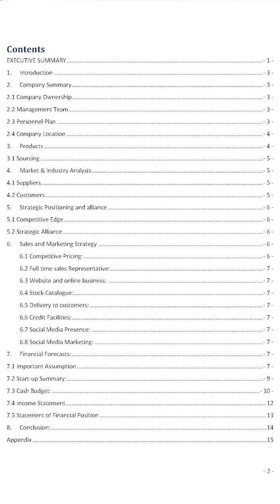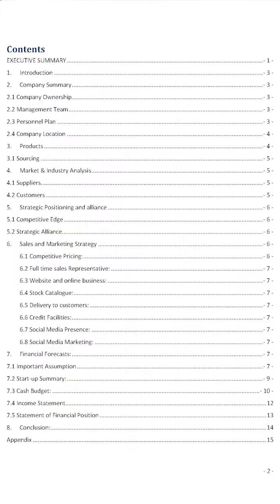Having a full-time sales representative who goes from different shops and different customers to engage with the customers, that's one strategy. Website and online business is quite a common feature nowadays in a business. Stock catalog. If you go to Argos, you can find a stock catalog.